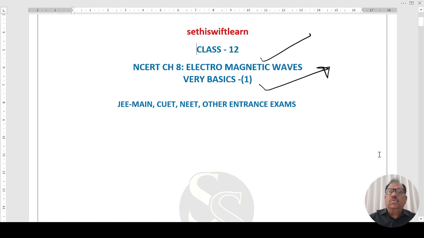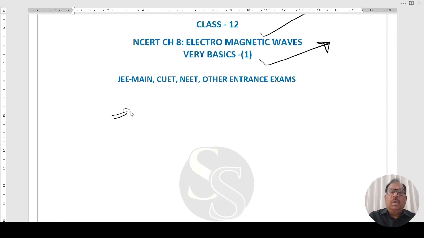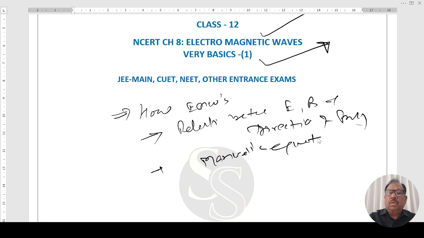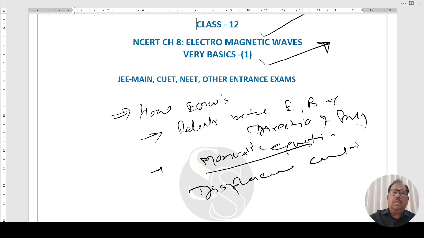In this session, we are going to discuss how electromagnetic waves are generated, relation between E, B and direction of propagation, Maxwell's equations, displacement current.